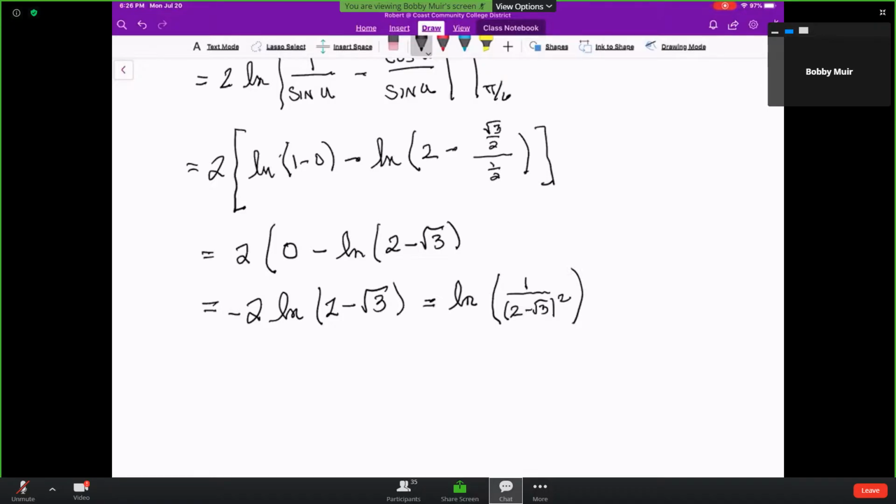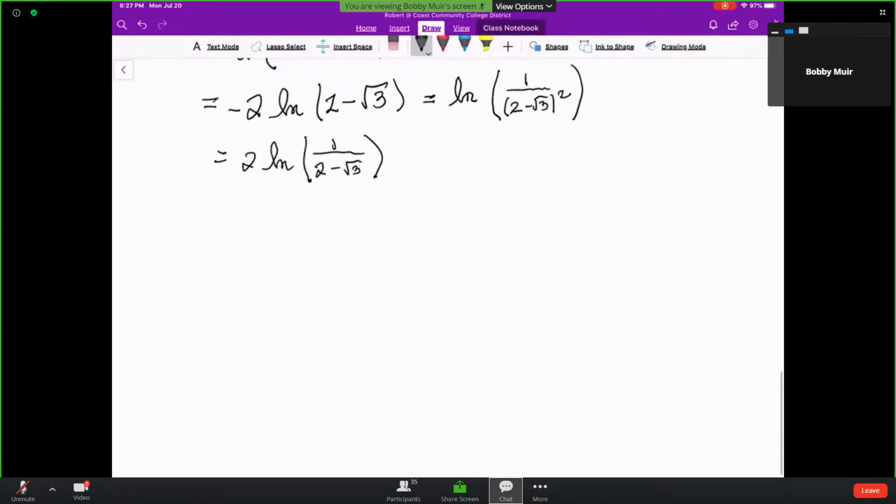Another way you could write it would be 2 times the natural log of 1 over 2 minus radical 3. Then do it all in your calculator, and you see that you do get a positive number, so it actually works out.